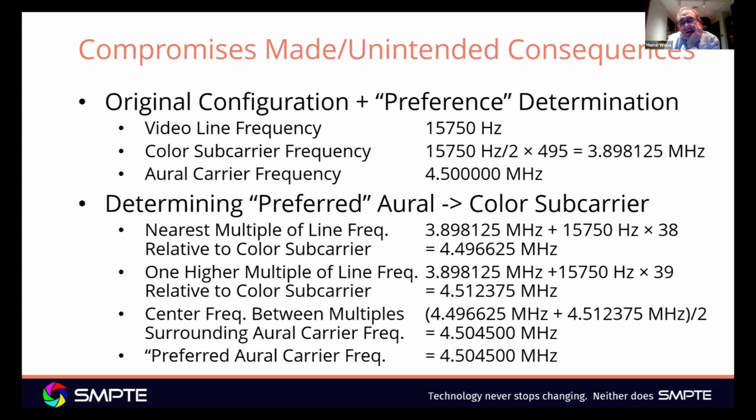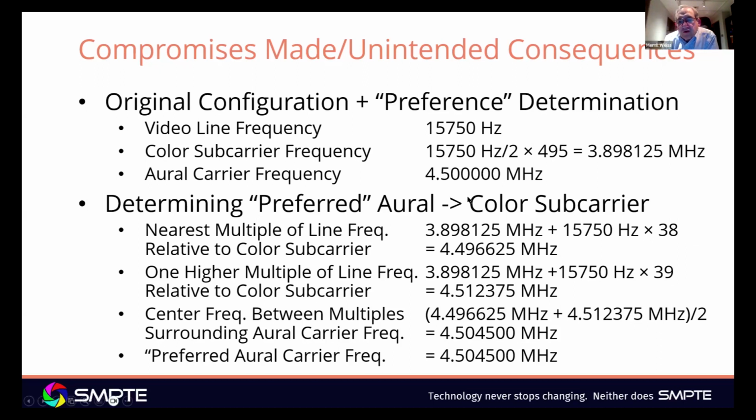And that shows you what the offset is that we ended up with when we went from that preferred aural carrier offset to changing the line rate and the structure that results from that. And of course, that means the field and frame rates are also off by that same 1.001.